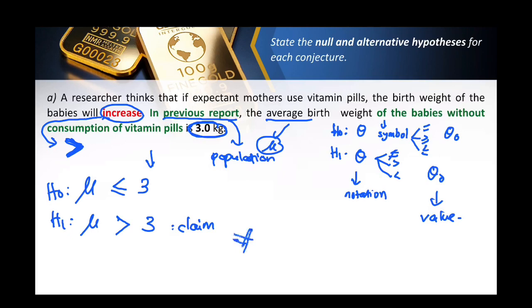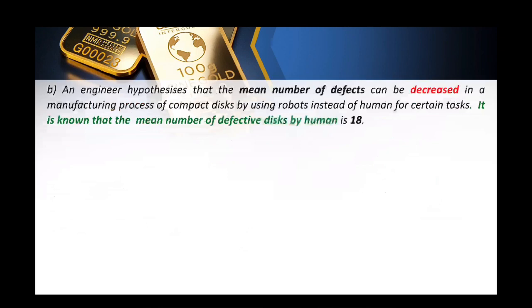Okay, let's look at the next example. An engineer hypothesized that the mean number of defects can be decreased in a manufacturing process of compact discs by using robots instead of humans for certain tasks. It is known that the mean number of defective discs by humans is 18. So the keyword here is decrease. Decrease is less than.